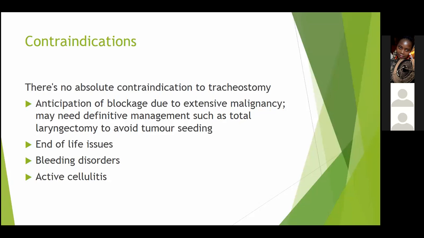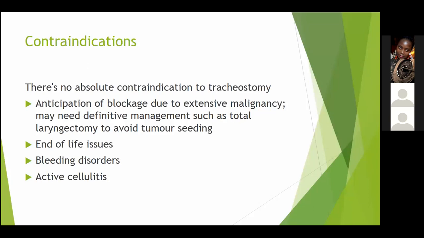And for someone who already has a bleeding disorder, this can be your worst nightmare. Instead of saving life, you may just make it shorter. You may do the tracheostomy and the person bleeds to death. So whatever the disorder may be, it should be taken care of before you embark on doing a tracheostomy.